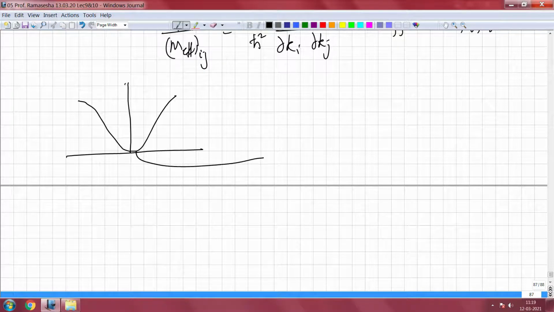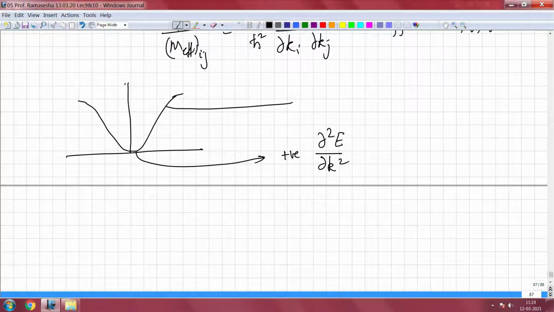At the bottom of the band, the curvature del squared E by del k squared is positive. At the top of the band, this becomes negative. It is not actually the bottom of the band. At the bottom of the band, it is strictly 0, but somewhere close to the bottom of the band and close to the top of the band, this is negative.